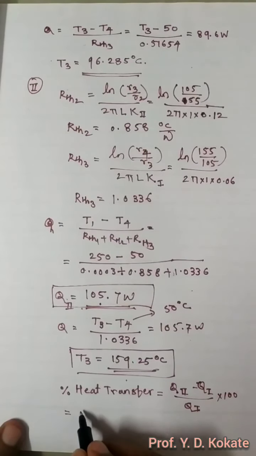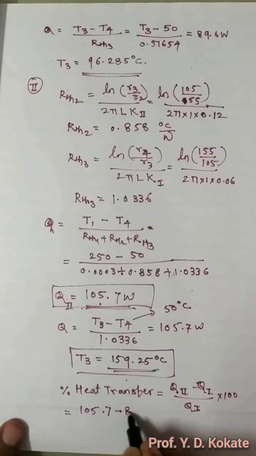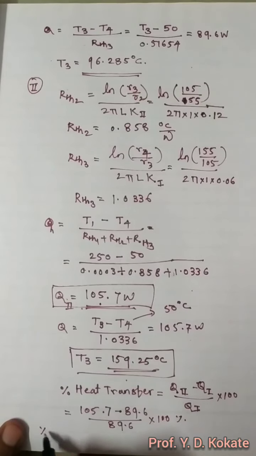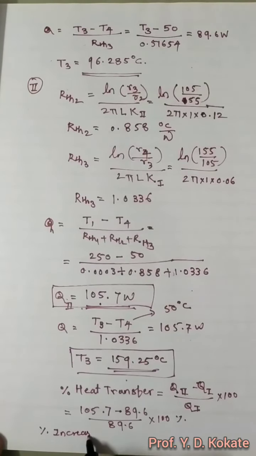By putting in the values, 105.7 minus 89.6 divided by 89.6 into 100%, the percentage increase in heat transfer or heat loss is equal to 17.96%.